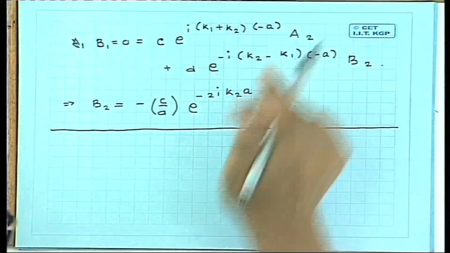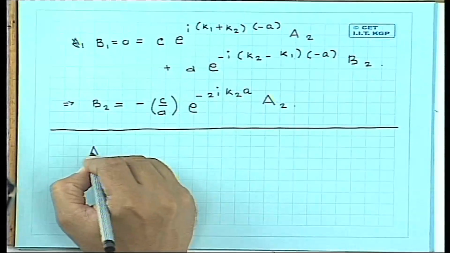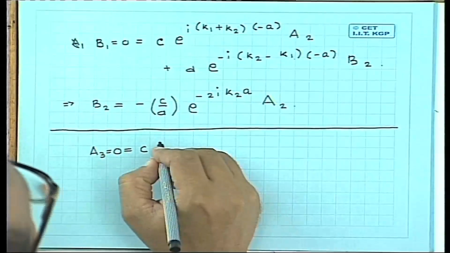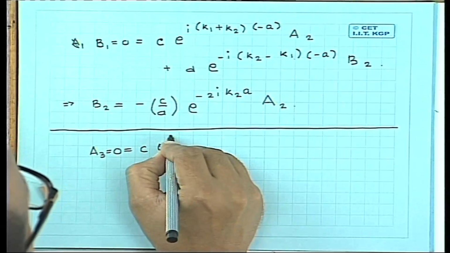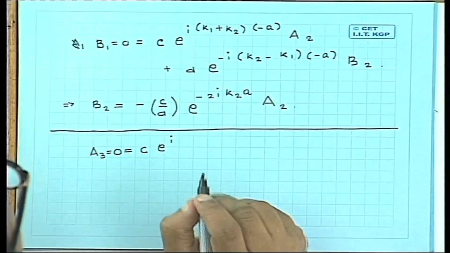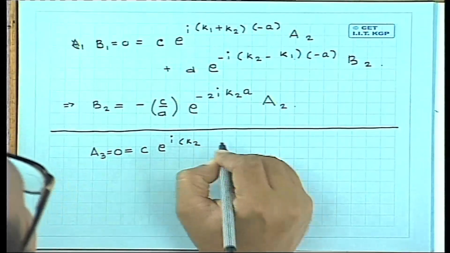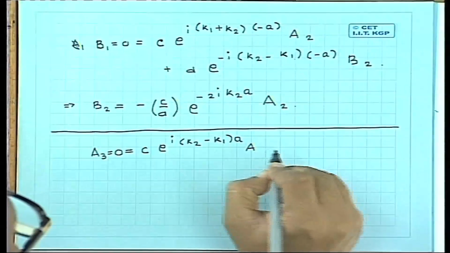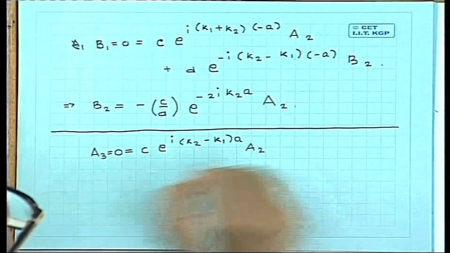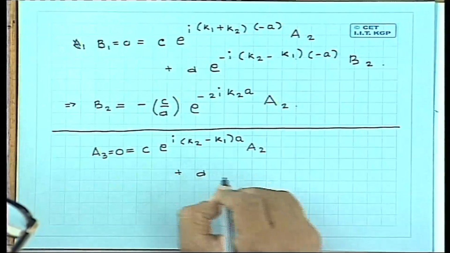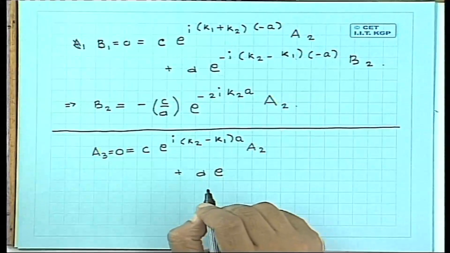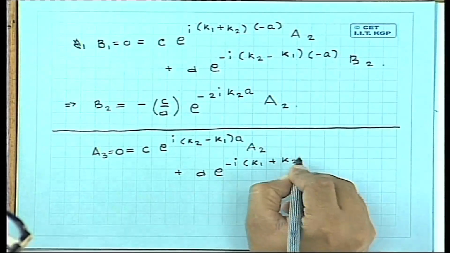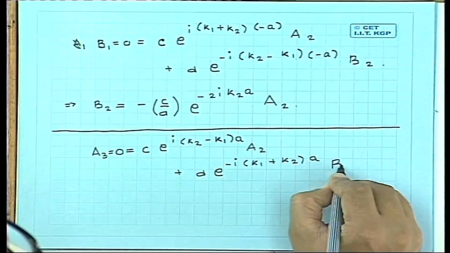So what we get is A3 is equal to 0 is equal to C into e to the power I delta 1, where delta 1 is K2 minus K1 A, into A2, plus D e to the power minus I delta 2, which is K1 plus K2 into A, B2.